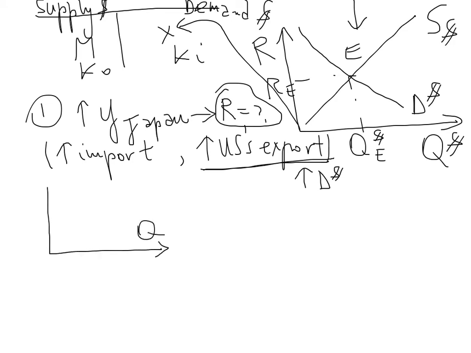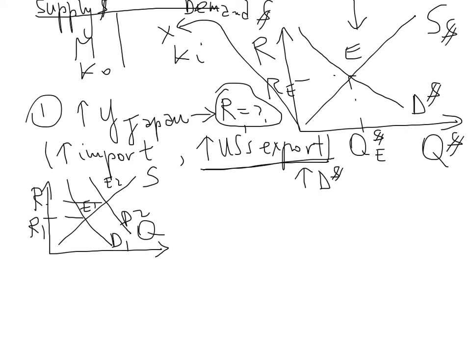Quantity, exchange rate, D1, D2, S. D1 was E1, R1, and that's E2, and that's R2. So right away you can see that we have a currency appreciation here, R increases.